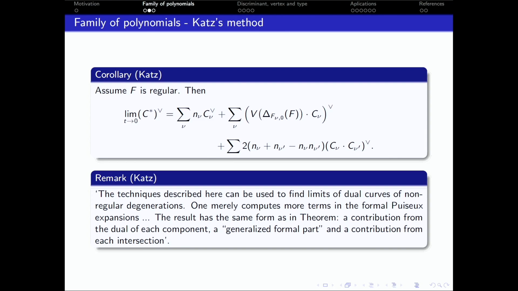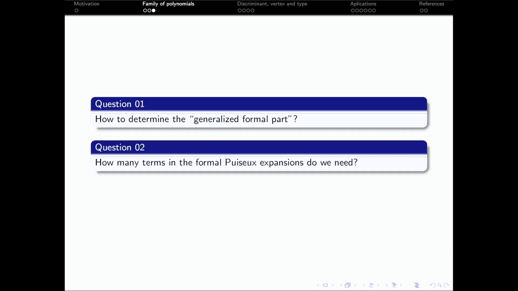So with this remark, we are able to ask the following questions. How to determine the generalized formal part, and how many terms of this formal expression do we need?